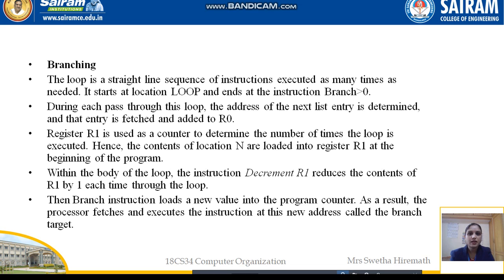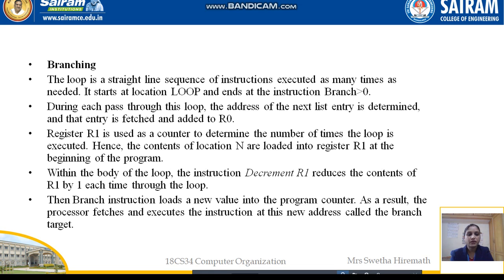Until the condition becomes false, the loop has to be executed n number of times. How many times it has been executed will be stored in register R1 at the beginning of the program. In the body of the loop, the instruction decrement R1 reduces the contents of R1 by 1 each time through the loop.